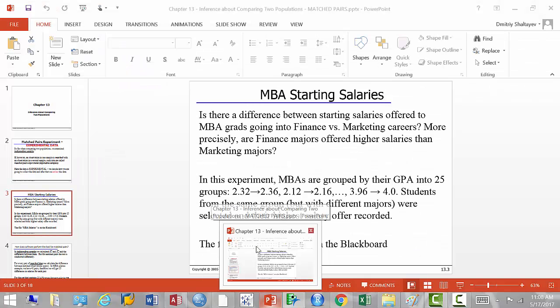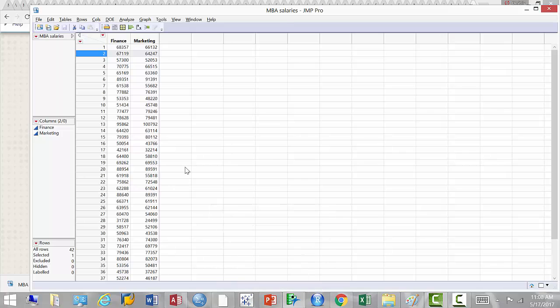So if I didn't know this story, how the data was collected, and somebody gives me this data set and tells me to analyze it, well, how was the data collected? What are these numbers? Salaries. Okay, how did you collect them? Was it just random sample 1 and random sample 2? If that's the case, then that's independent analysis. But it's not the case.